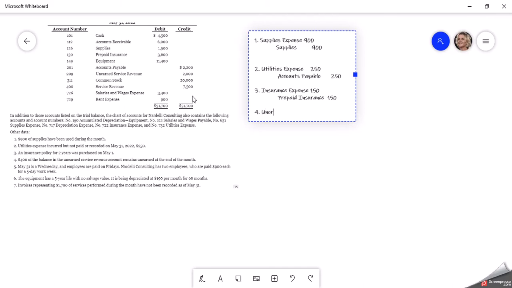So then we will debit unearned revenue for $1,600. I looked at the balance, and I want to only show it at $400, so I have to reduce it by $1,600, so I have to debit it to do that. And now that I've earned the revenue, it can go to my service revenue.